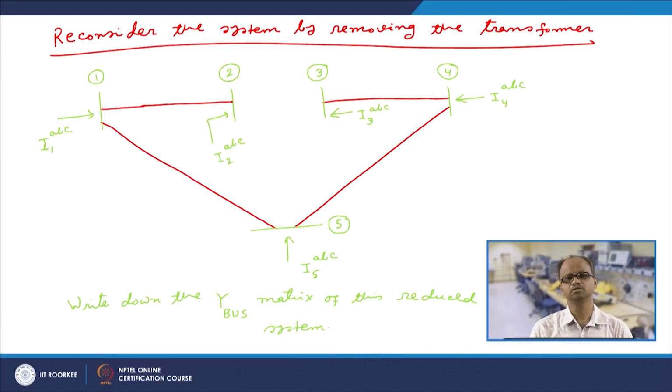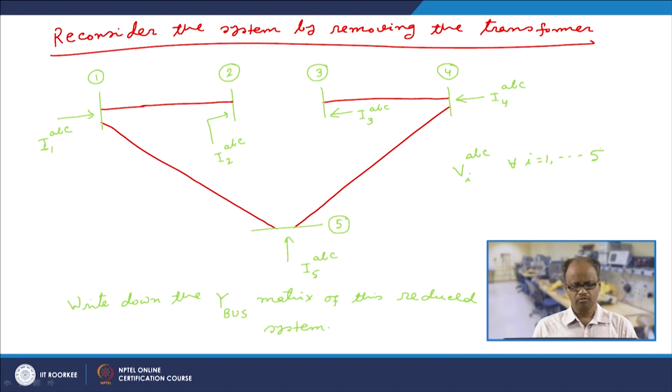Now the transformer between bus 2 and 3 has been eliminated, and we have denoted all the injected currents. The voltages are V1 ABC, V2 ABC, V3 ABC, V4 ABC and V5 ABC, that is, Vi ABC for i equal to 1 to 5.